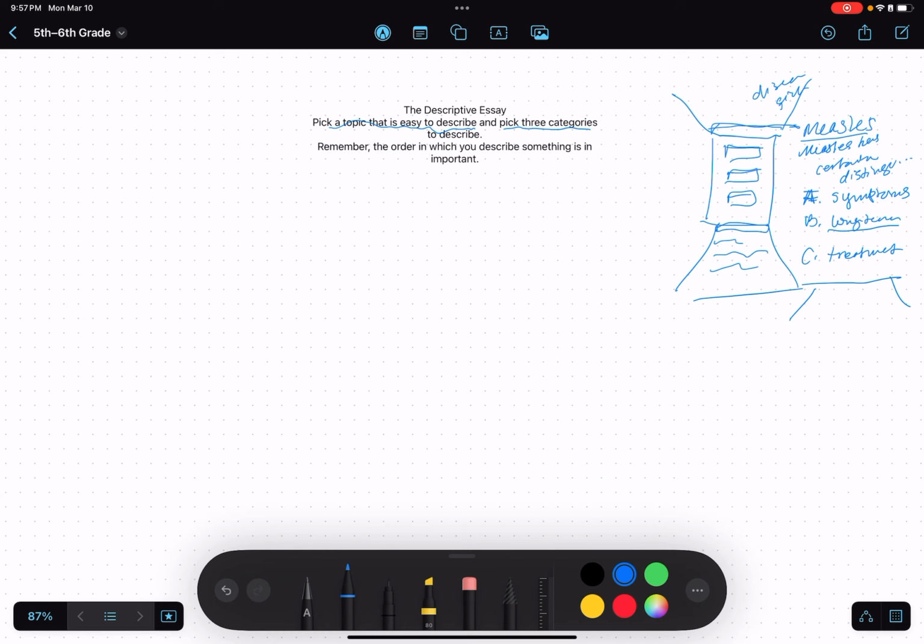Now, what do we not do? We learned this last week. We are not using first and second person because this is not a persuasive essay, although you could turn it into one. That's not the assignment. But do not use first and second person. Do not write informally. We're not using cliches, idioms, contractions. We are not asking questions.